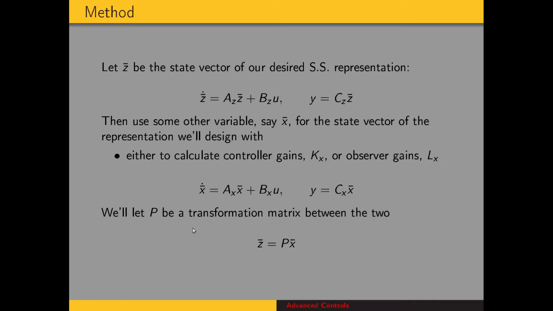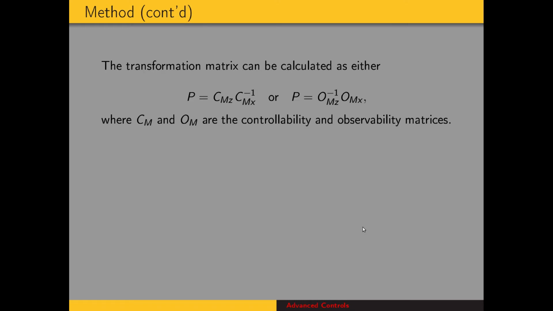And we're going to introduce this transformation matrix P to go from one state vector to the other. So here's P times x bar is equal to z bar. The way that we can calculate the transformation matrix is with either the controllability matrices or the observability matrices.